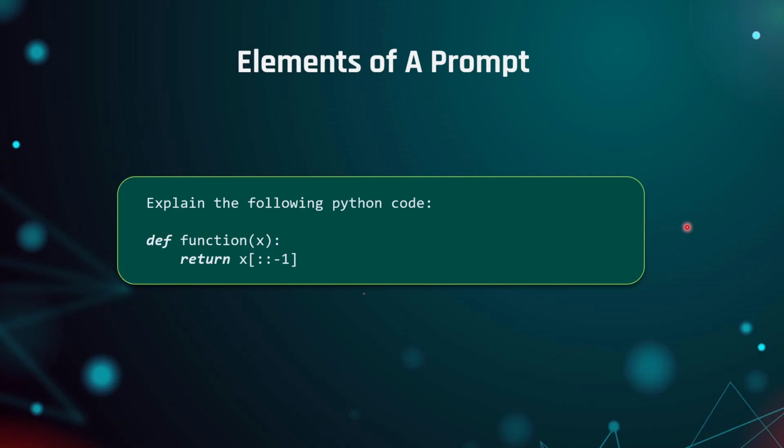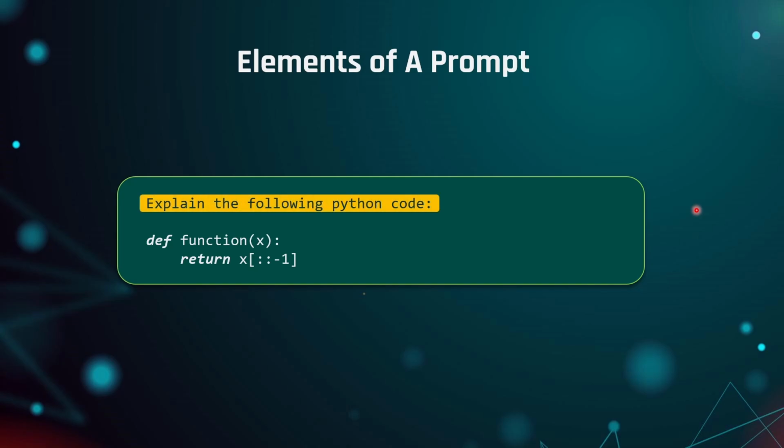Okay, so again, like before, আমরা ChatGPT কে we are instructing ChatGPT to explain the following Python code. This is our instruction, but ChatGPT এর একটা piece of Python code প্রয়োজন, right? It needs that Python code for completing our instruction, right?